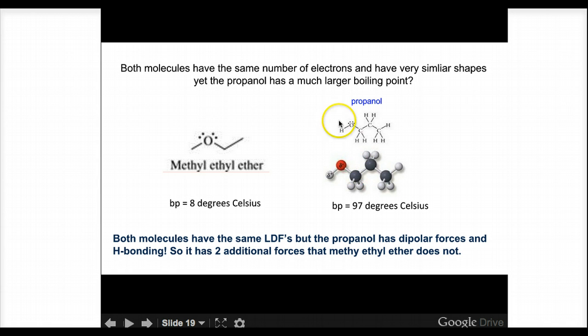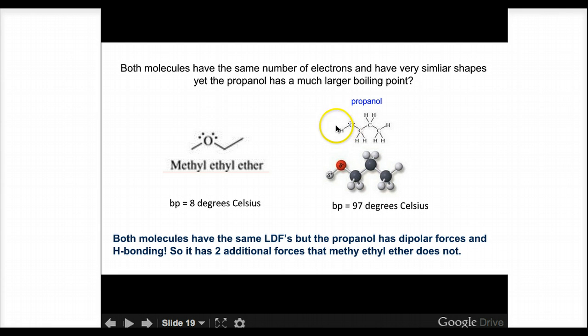Now, the type of hydrogen bond is a type of dipolar force that is very, very strong. So, of course, having an additional bond and adding one that's very strong increases the boiling point significantly. Even though methyl ethyl ether and propanol have the same London dispersion forces and the same dipolar forces, this is the one that's adding to higher boiling points. It makes propanol highly resistive to evaporating.